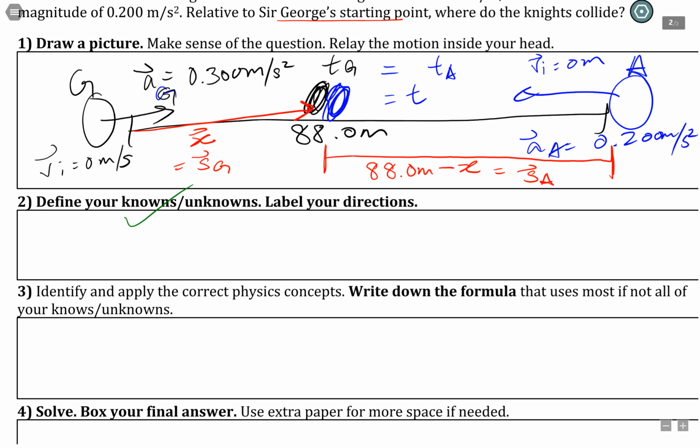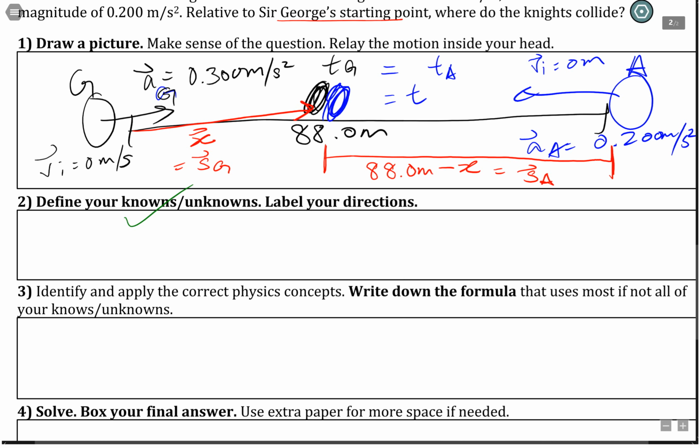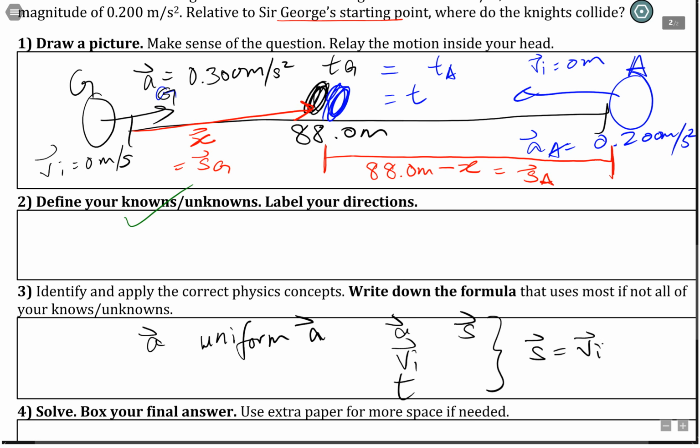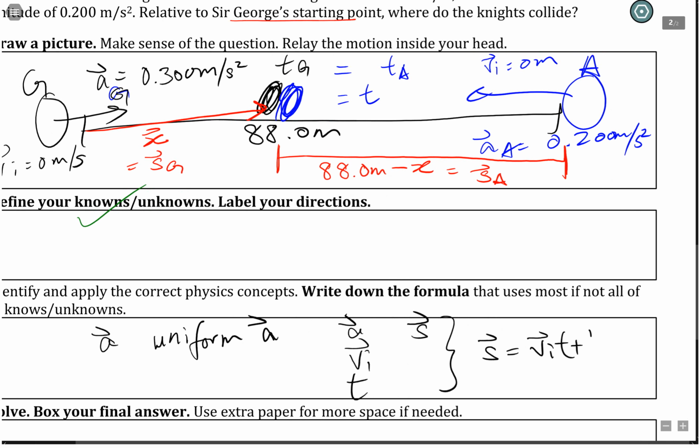In number 3, we need to identify the correct physics concepts. We know that acceleration is constant for both George and Alfred. We have uniform acceleration. If we take a look at our formulae, the formula that contains initial velocity, time, and distance, you might be looking at this one: S is equal to VI times T plus 1/2 AT squared.